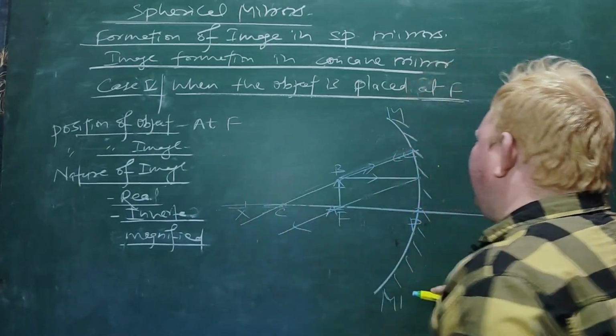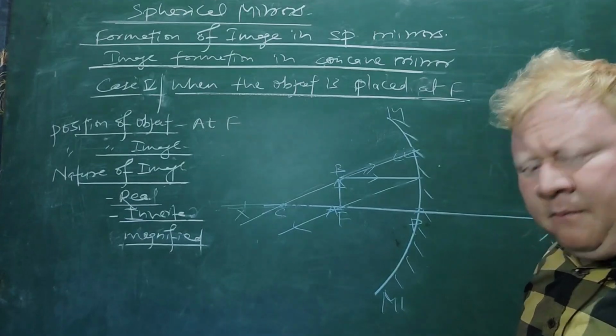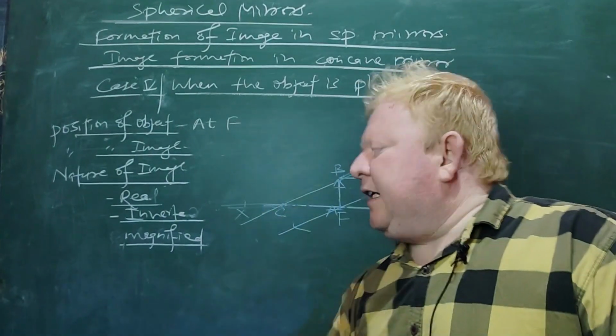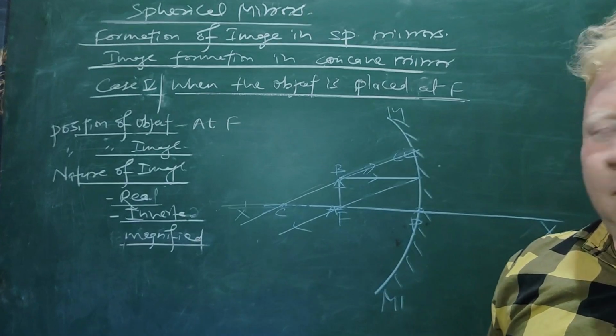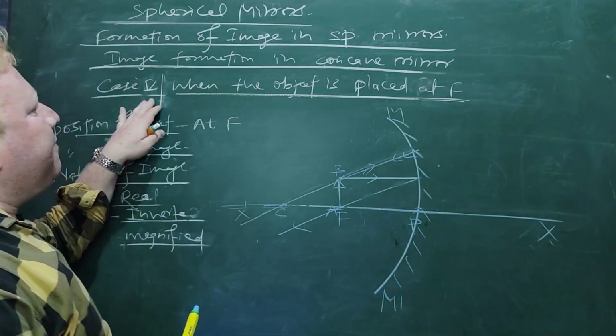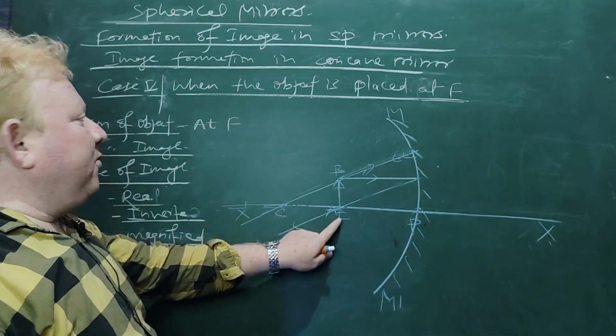So these two rays are parallel and these two rays are not meeting, but you can assume that all the light rays are meeting at infinity. Okay, so in this case number 5 we are considering the position of object to be placed at focus.